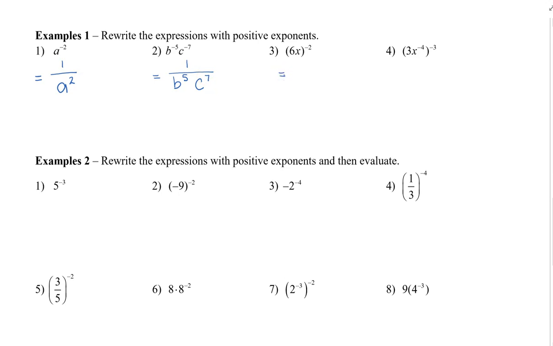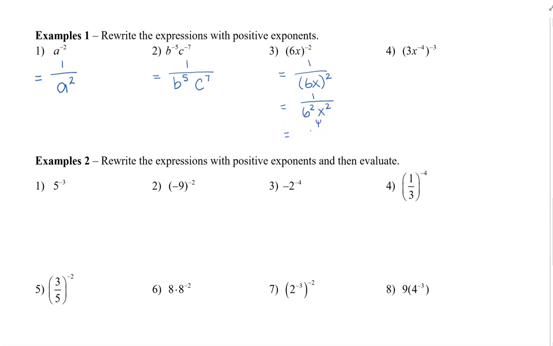Okay, in example 3, notice that the negative exponent is applied to everything inside the brackets. So doing the same thing, we're going to go 1 divided by, we're going to leave the brackets. So we have 6x. Instead of negative 2, when we take the reciprocal, we're going to write a positive 2 exponent. And then we can actually even rewrite this as 1 divided by 6 squared times x squared.